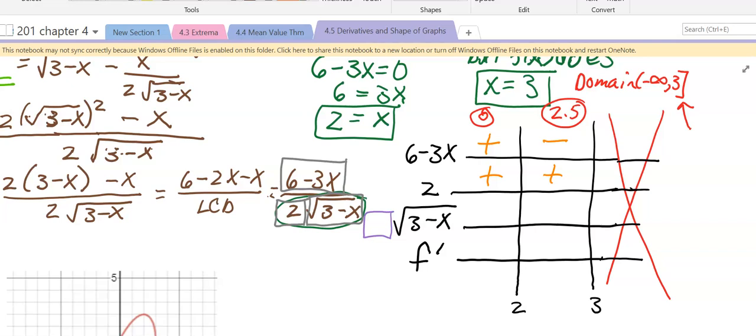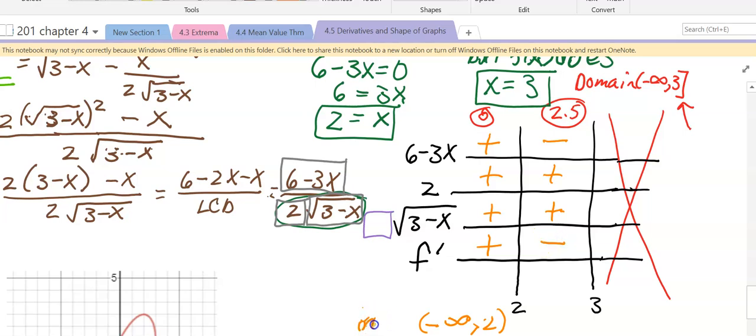Square roots without any sign out front must always be positive. Combining the 3 signs together in each of these, I get that the first derivative is positive from negative infinity up to 2, and it is negative between 2 and 3.